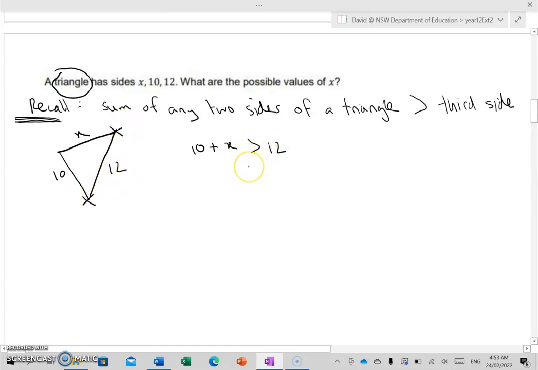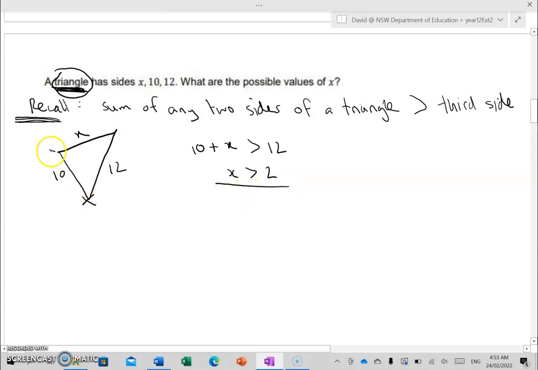Notice I'm not including the equal to, because it must be a triangle. It's not allowing the linear case that the lines are collinear. If they're collinear, it's not a triangle. So rearranging this, if you minus 10, x must be greater than 2.